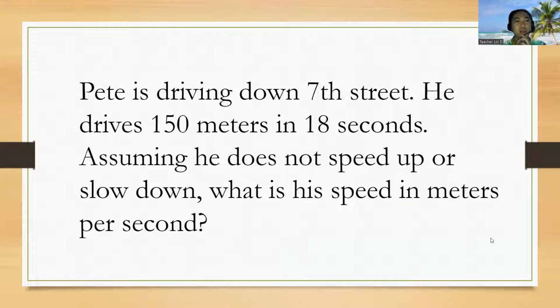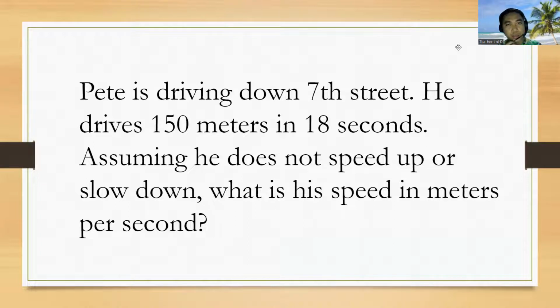So, another example. Peter is driving down 7th Street. He drives 150 meters in 80 seconds. Assuming he does not speed up or slow down, what is his speed in meters per second? Okay, ang hinahanap dito ay speed. So, distance over time.